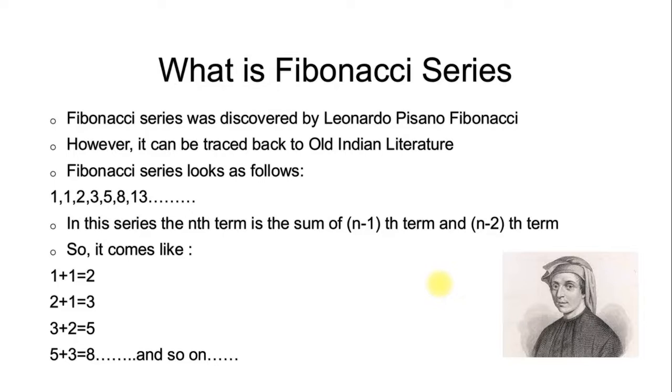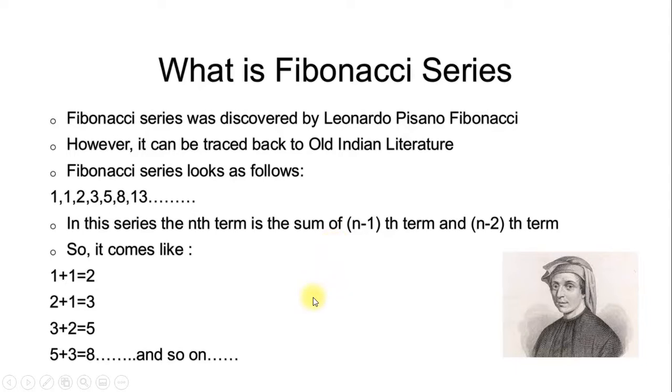Then the fourth term is the sum of the second and third terms: 1 plus 2 equals 3. Then 2 plus 3 equals 5, 3 plus 5 equals 8, and 5 plus 8 equals 13. Like that the series goes on.